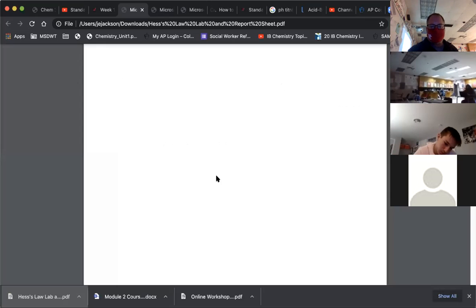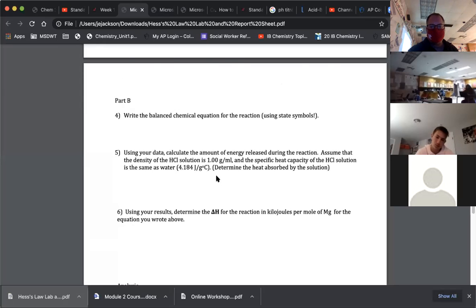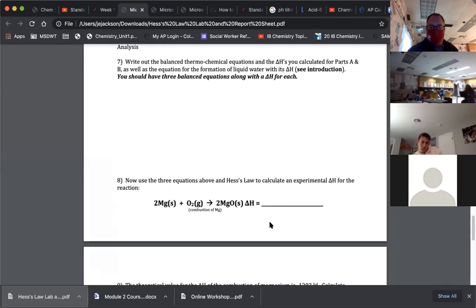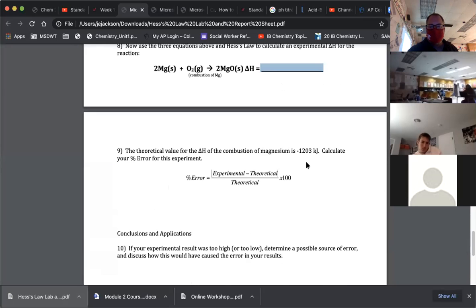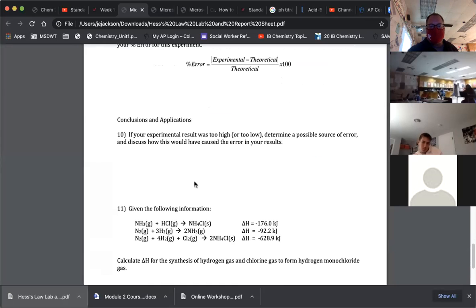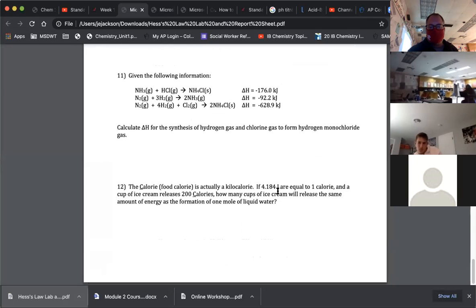You'll arrange the three reactions using Hess's law and add them up. In reality, the amount you should get when you add that up should be 1,203 kilojoules. Then you will again do the percent error for that, and there are some application problems down here that you'll finish.